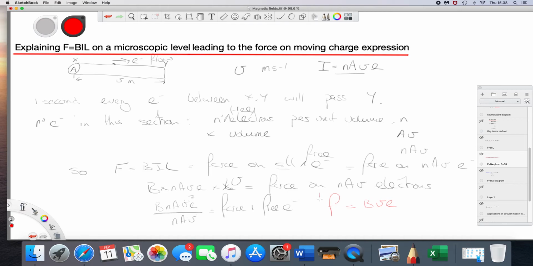Bve. So that's the force on a single electron travelling at velocity v meters per second at right angles to a field flux density B Tesla. If this was some other charged particle, then it would be Bvq, where q is the charge on that particle.